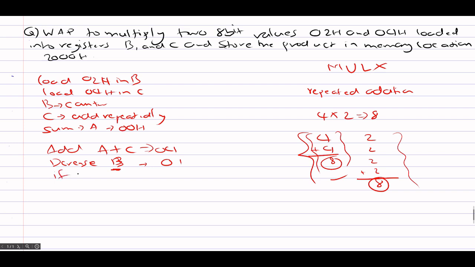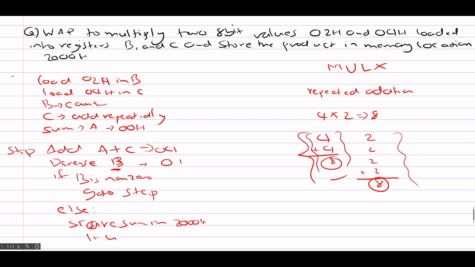If B is non-zero, then we go to this statement here. Or else, if the value of B is 0, meaning the repeated addition is complete, we have our sum in the accumulator. We're going to store this sum in 2000H, and then terminate the program. So this is going to be our pseudocode.